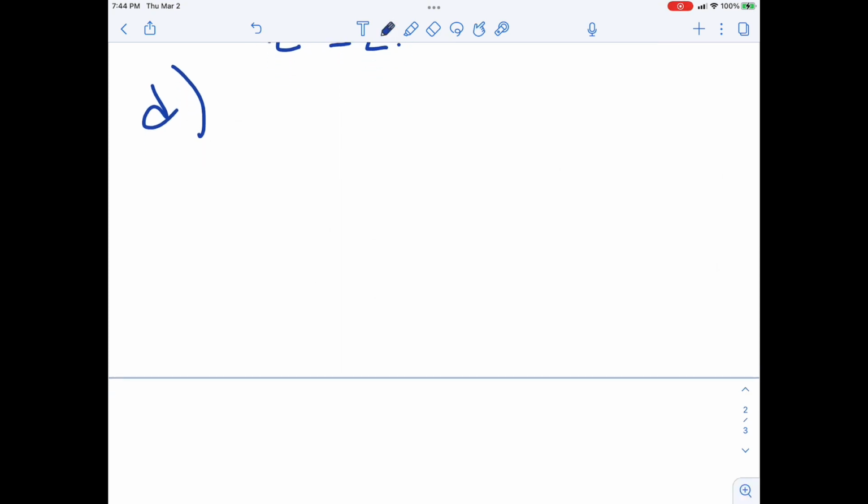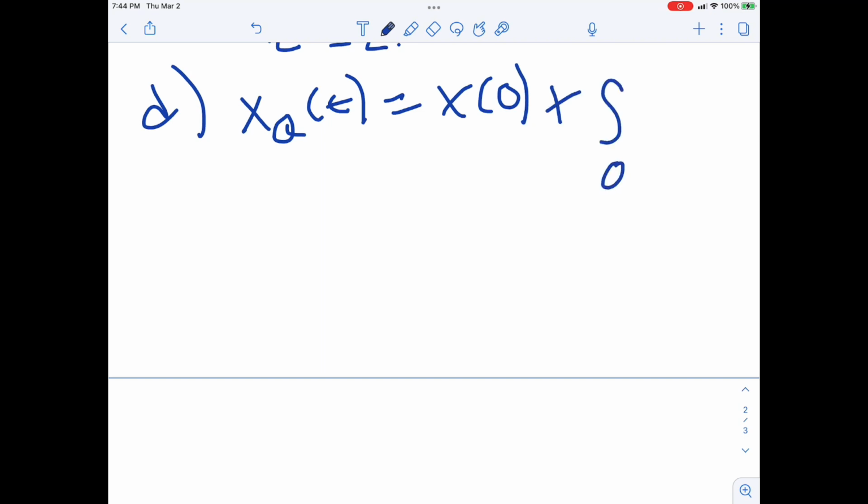We need to start by writing an equation for the position of particle q. The position of q(t) will equal, well, they gave us its position at 0, so its position at 0, plus the integral from 0 to 3 of v(t) dt, since they want the first time it changes direction.